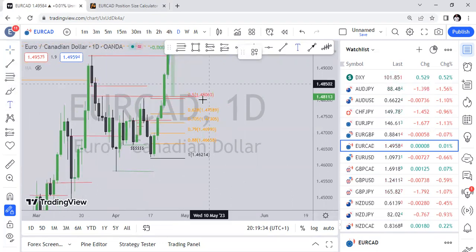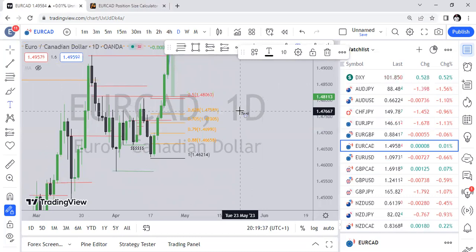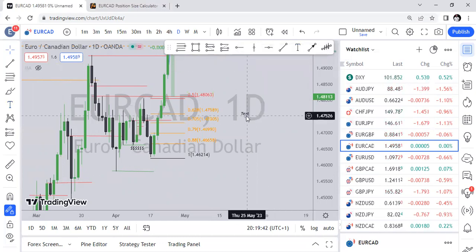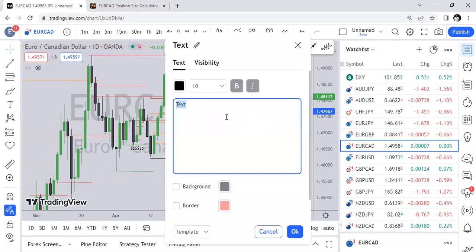Every candlestick gives you this vital information, which is what we'll call the open, close, high, and low.